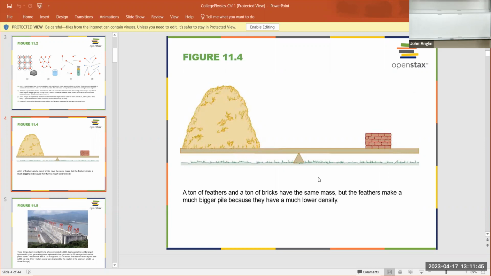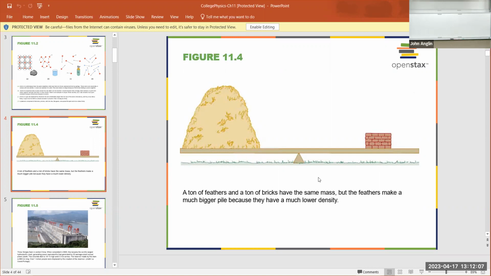Let's talk in terms of mass per unit volume in general. Think of a three-dimensional cube and the amount of stuff that's in that cube. The more tightly packed that is, the higher density it's going to have.